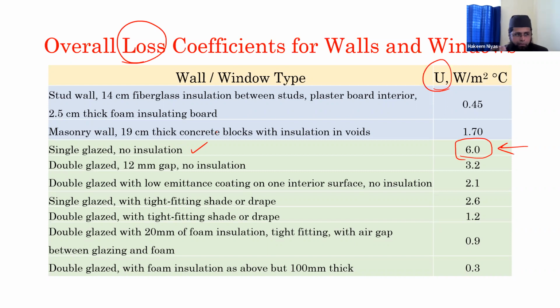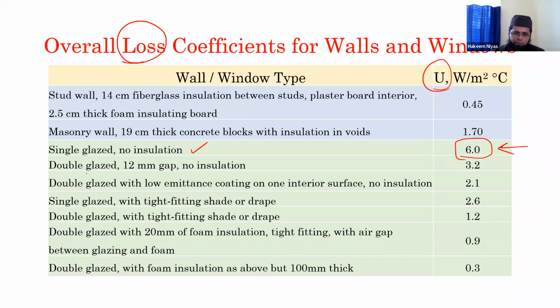That means we have a single glazed window, and we are running our air conditioner with a very big window. We are trying to create a chilled environment, but most of the cold is getting lost, because heat from outside is transmitted through our windows easily. The coefficient is high, so we end up spending a huge amount on energy bills, right?